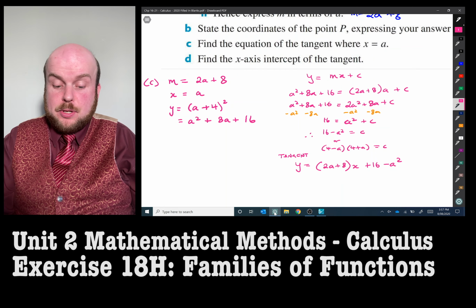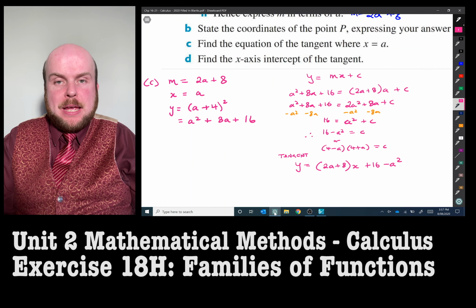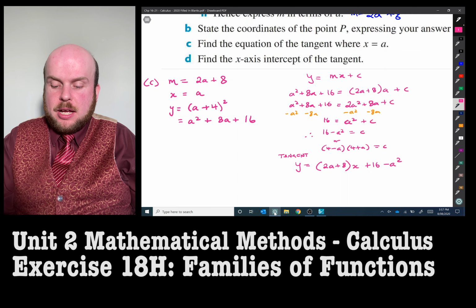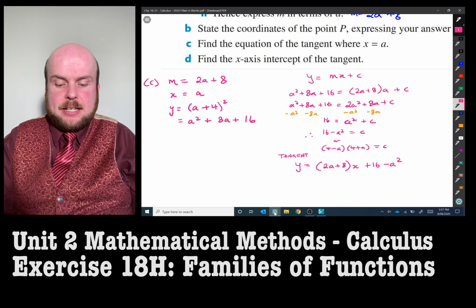Once I substituted m being the 2a plus 8 that we found earlier, then x is equal to a, because that's the x value of the point P, and I expanded the y value, a plus 4 squared, because that will be the y value at the point P. I then rearranged into the straight line formula, y equals mx plus c, and I generated this answer.